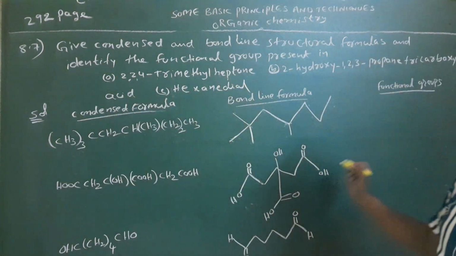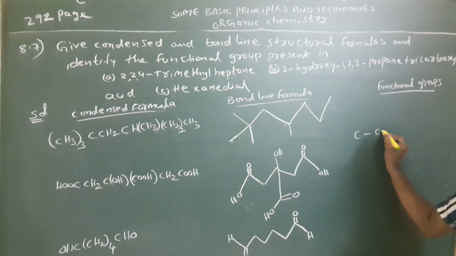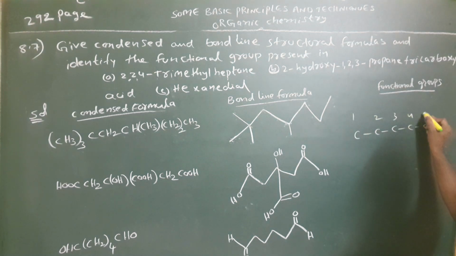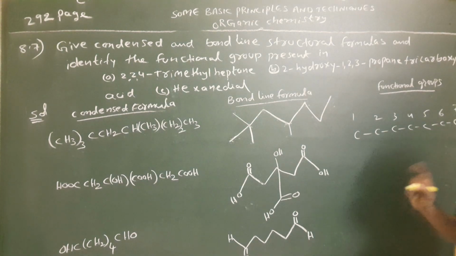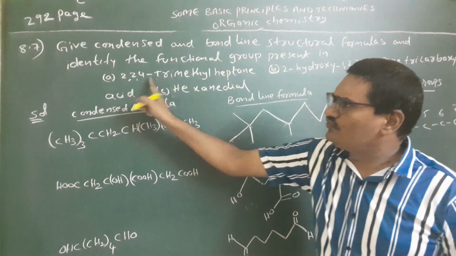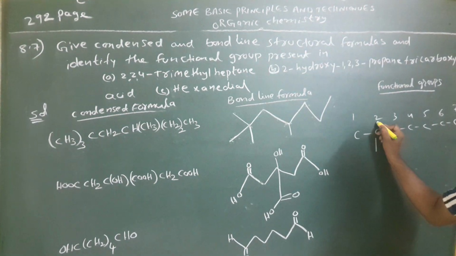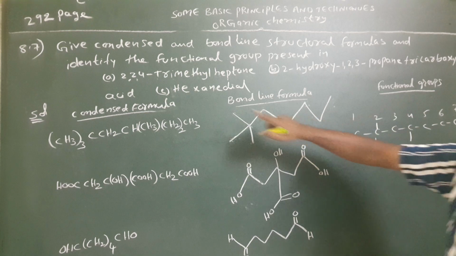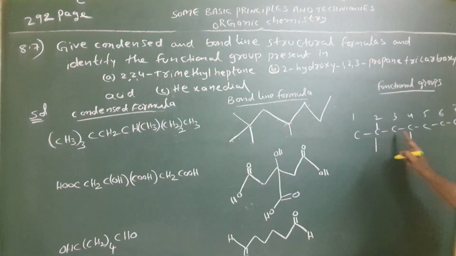Hept means 7 carbons: 1, 2, 3, 4, 5, 6, 7. Here 2,2,4 means methyl groups on the second place and the fourth place, so altogether trimethylheptane.